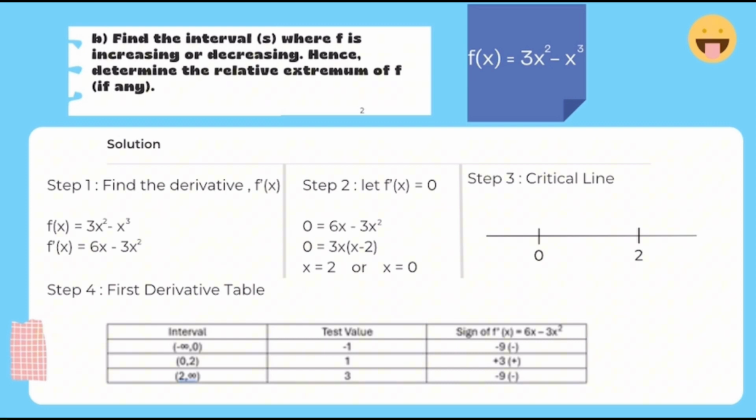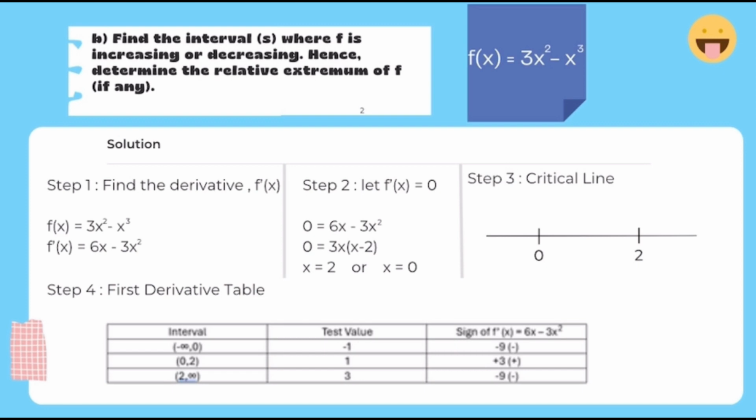The next interval is 0 to 2. We take a number in the range from 0 to 2, either 0, 1 or 2, and do the same thing, substituting it into the differentiated function.